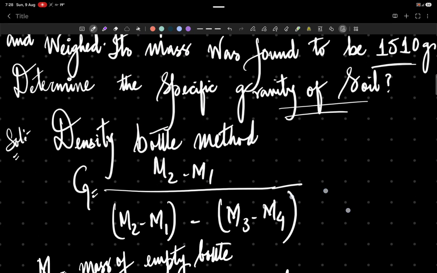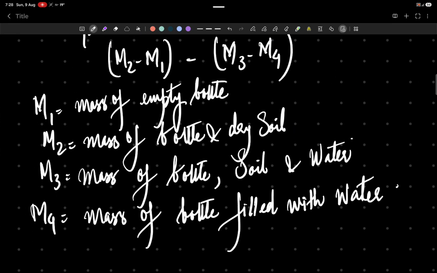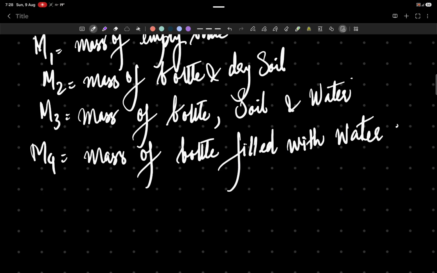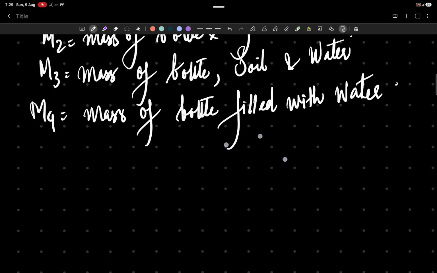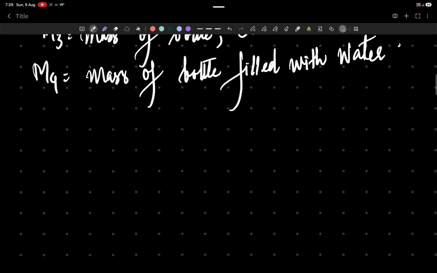Before moving on with the question, let me give you a quick recap of how we use the density bottle method for determination of the specific gravity. This density bottle method, as you know, is used for the specific gravity determination of soil solid particles in a laboratory.